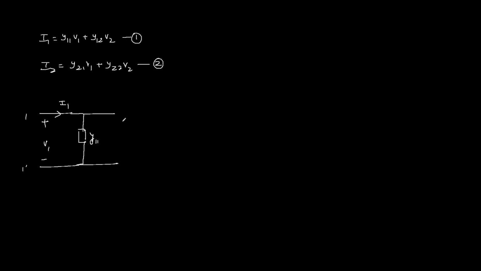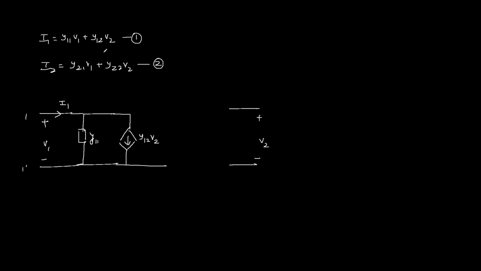The second term is also a current, and it has voltage V2, which is the voltage of port 2. So the second term has to be a dependent source, a current source depending upon the voltage of port 2. So let's make a voltage dependent current source. Its value is Y12 V2.